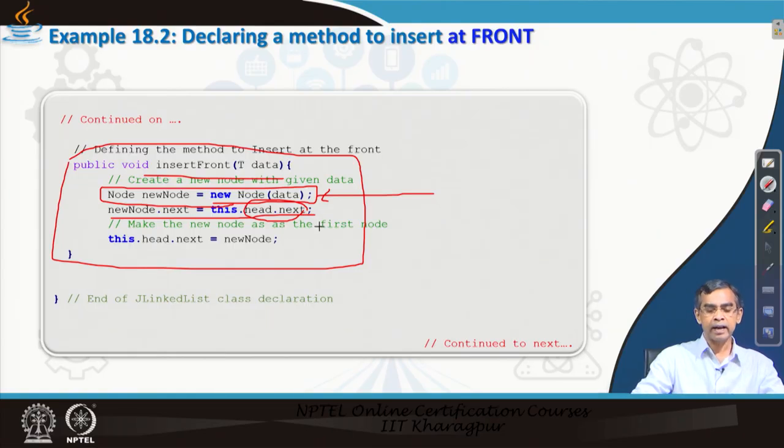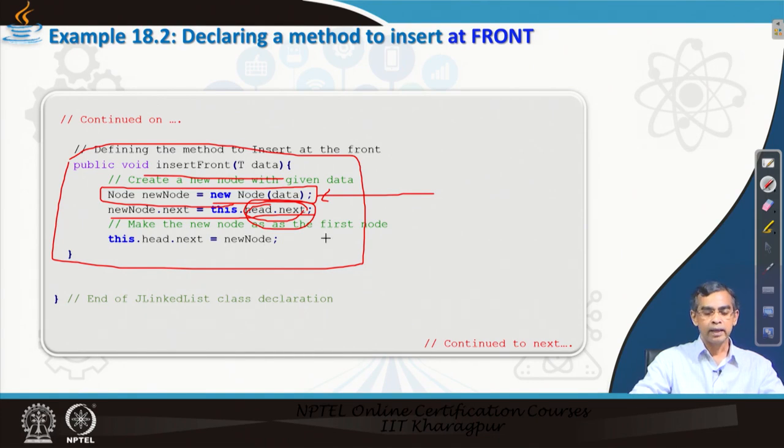Now, here you can understand that this will work whether the list is initially empty or not. Both cases will work, because if the list is empty, then head.next is basically null. So, newNode.next equals null, that means this is the last node, and then head.next will point to the new node.